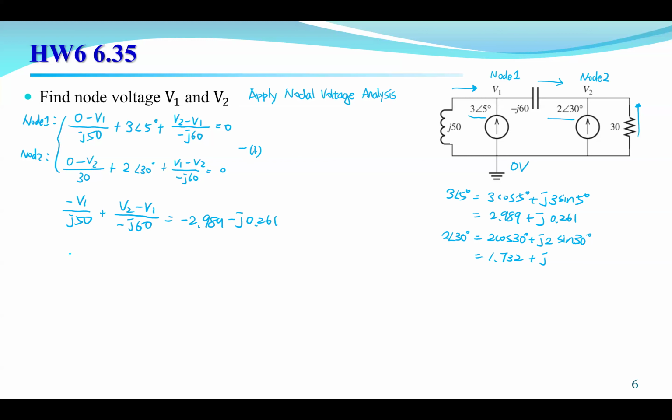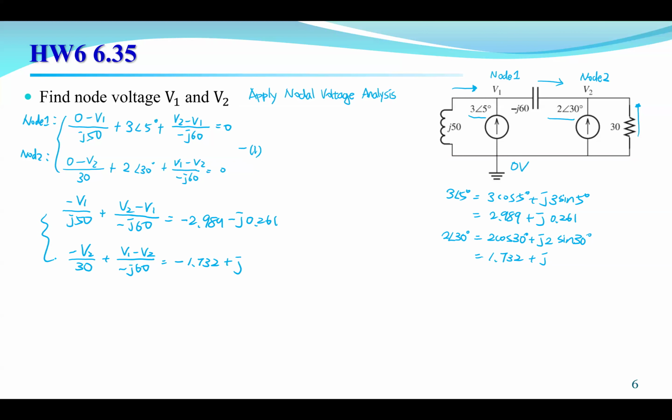The second equation becomes minus V2 divided by 30 plus V1 minus V2 divided by minus j60 equals minus 1.732 minus j.